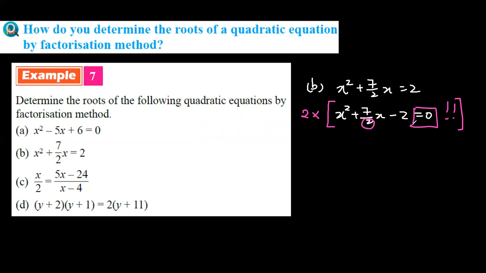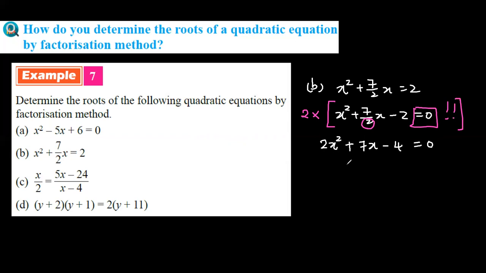Once you multiply the whole equation by 2, what will we get? You will get 2x squared. The 2 in 7 over 2 cancels, becomes 7x. And 2 times negative 2 is negative 4, equal to 0. All right, so now it is in a general form already.